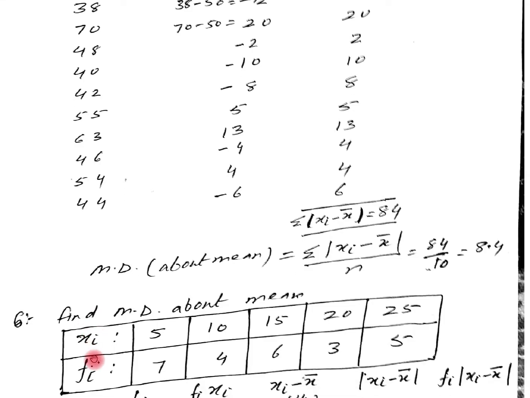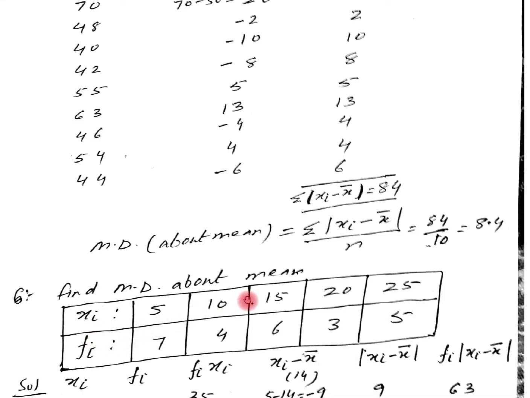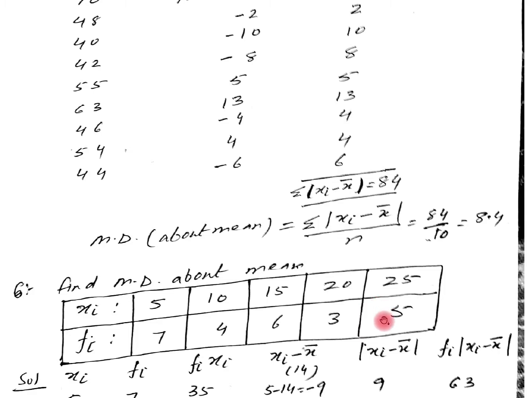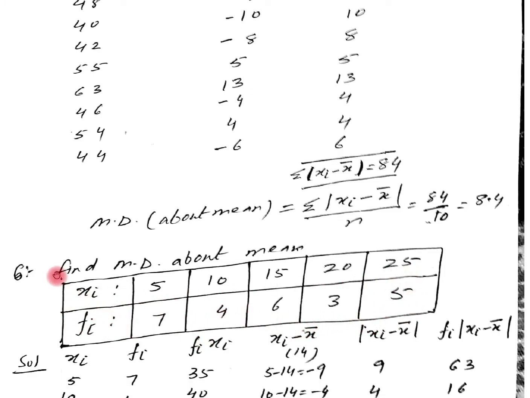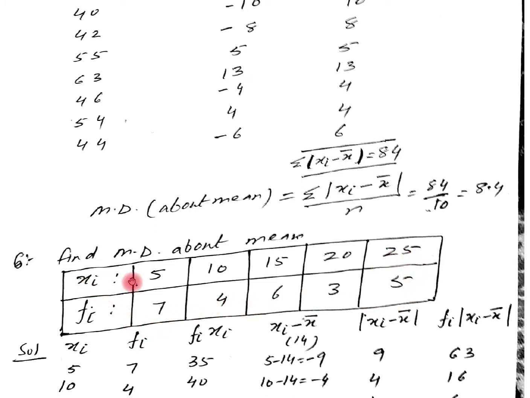Let us see the next question. We have mean deviation about mean again, but this data is given to be grouped data, but intervals are not given. Here xi is given, fi is given, and values are very small. First we have to find out the value of mean by using the direct method that we have done in the 10th class.